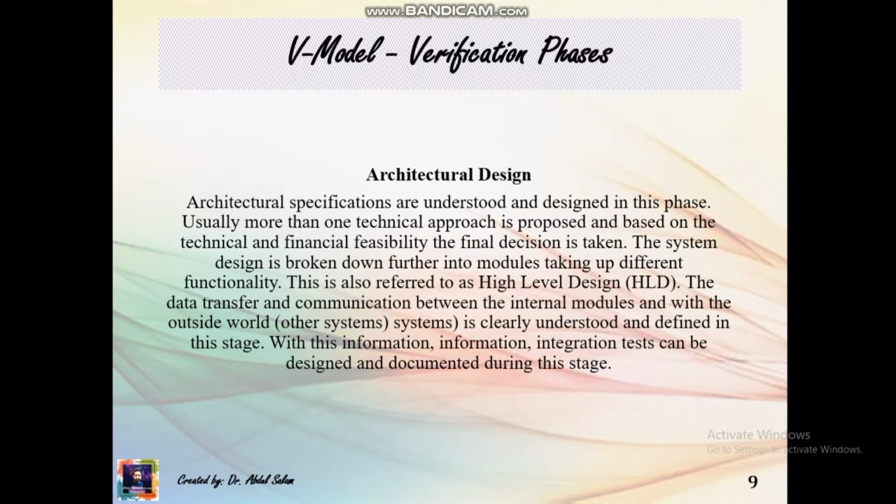So the system design is broken down further into modules taking up different functionalities. This is also referred to as high-level design. The data transfer and communication between the internal modules and with the outside world, other systems, is clearly understood and defined in this stage. With this information, integration tests can be designed and documented during this stage.